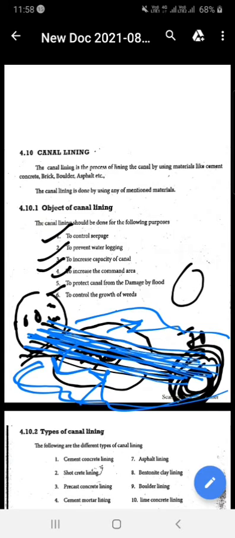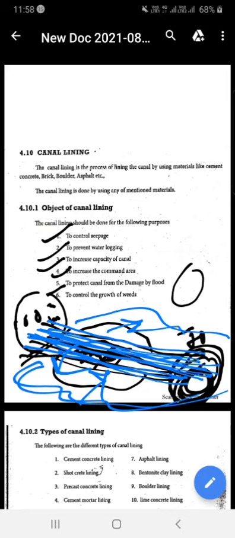Also, sometimes when we encounter natural canals, these are made up of soil. So soil and water will give rise to plants. Some of these are unwanted plants and some are weeds, different kinds of small grassy plants that can grow.